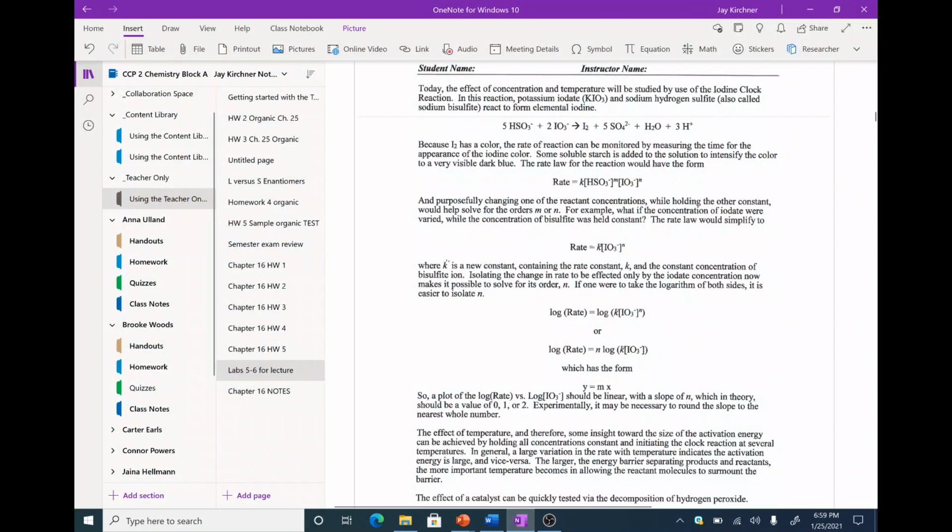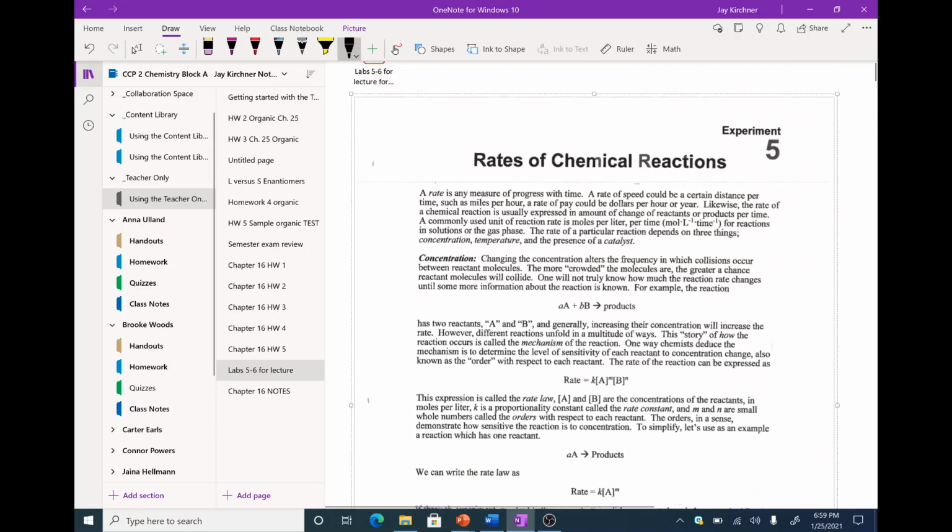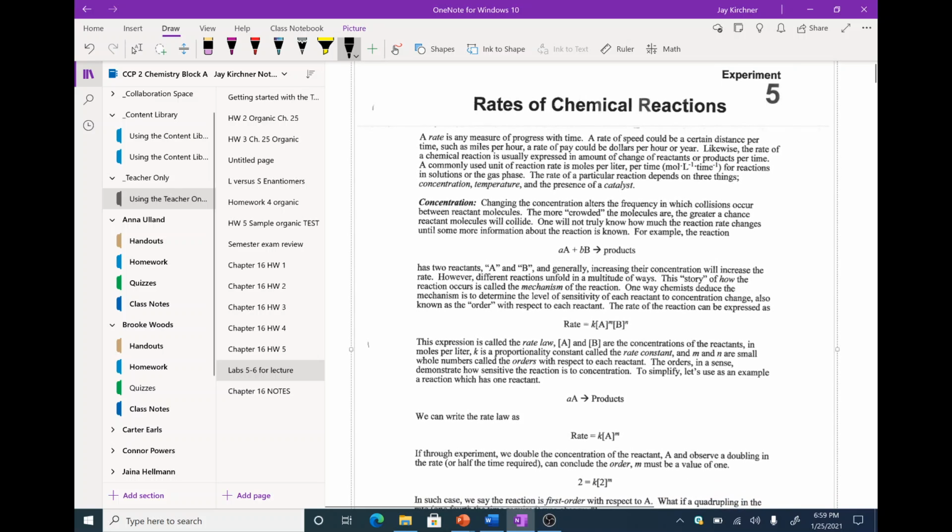Okay, all right, so rates of reactions again. Rates of reactions depend upon a couple factors. One is how much reactants you have. So if you remember, let's go to the beginning of this rates of chemical reactions, experiment number 5.